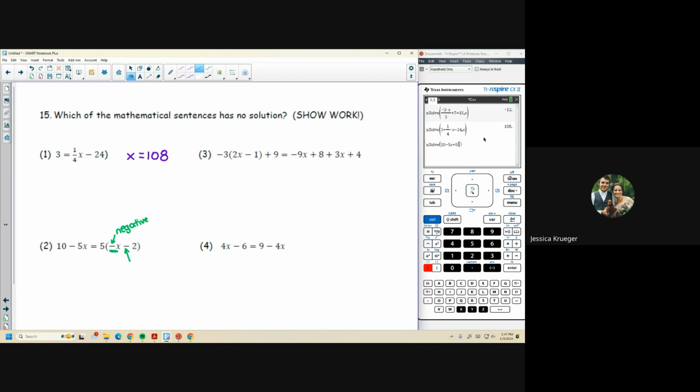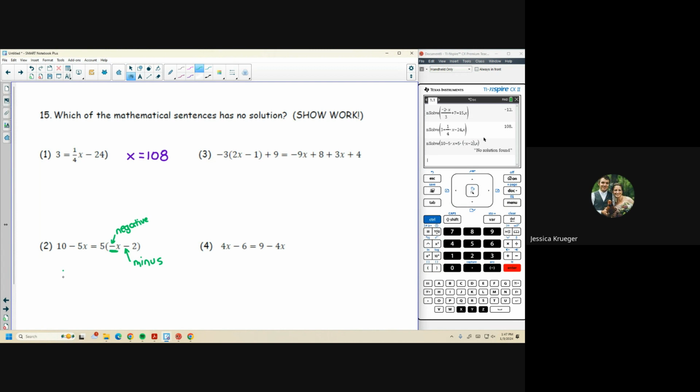This is a minus. So when you enter this, it's negative x minus 5. Oops, wait. Minus 2. Close your parentheses, comma, x. Enter. It says no solution found.